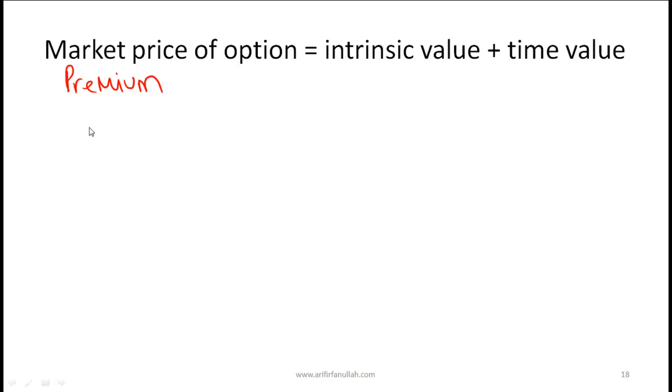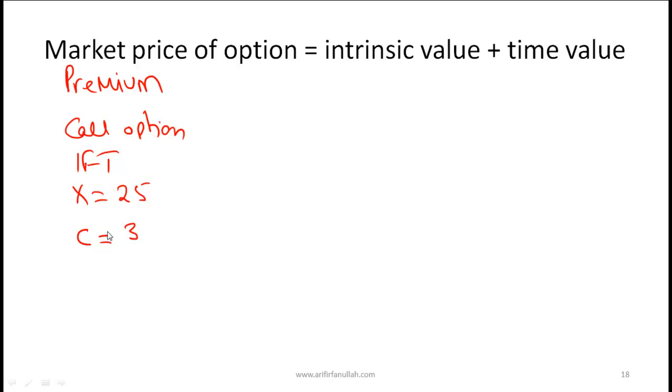Let's say that we continue with our simplistic example where you buy a call option on IFT where the strike price is equal to 25, and let's say that this option expires in 2 months, and let's say that the current value or the premium on this option is equal to $3.